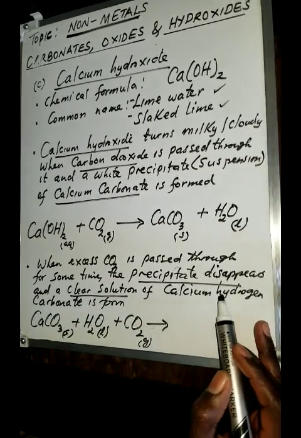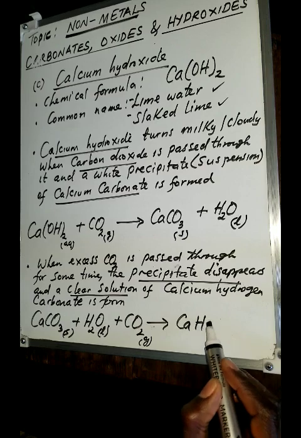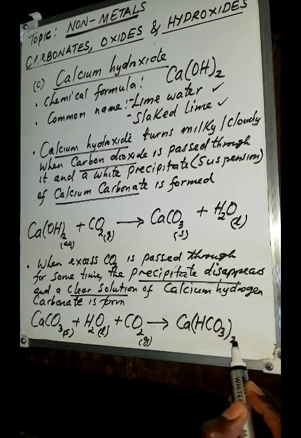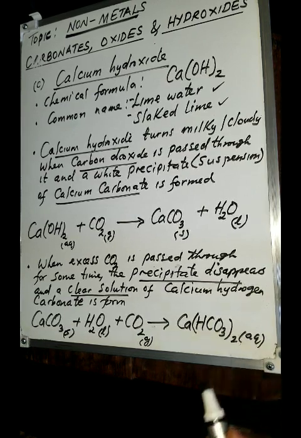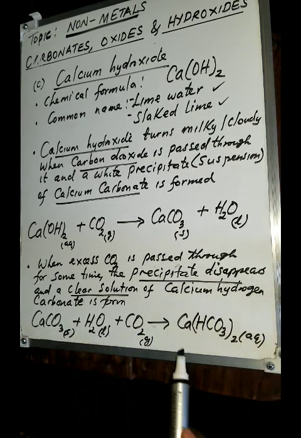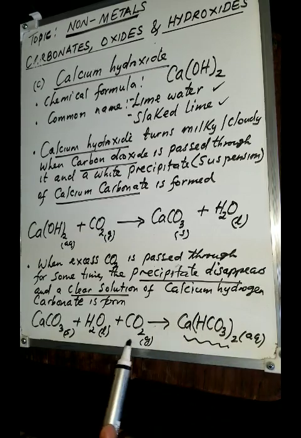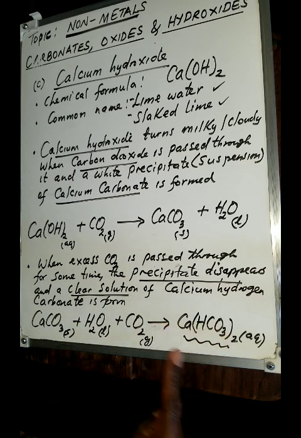When that happens, you are going to have calcium hydrogen carbonate, in aqueous solution. So this is the clear solution that you are going to have, because when you continue to bubble more carbon dioxide, that precipitate which was formed will disappear because a new compound is going to be produced.